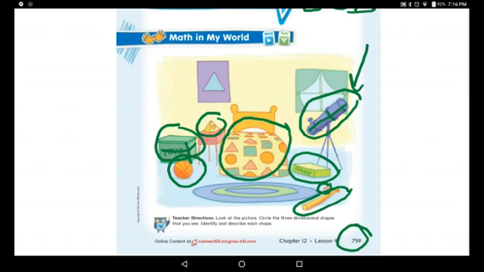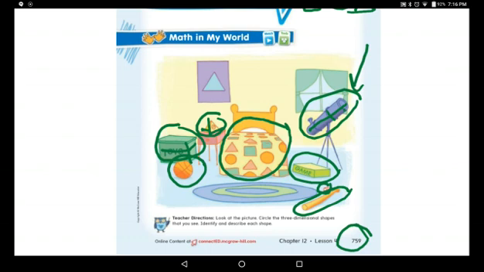Now look at the other one, also the clock here. It has width, it has length, and it has a height. So all these shapes are three-dimensional shapes because they have width, length, and height.